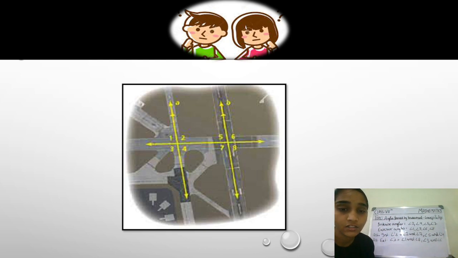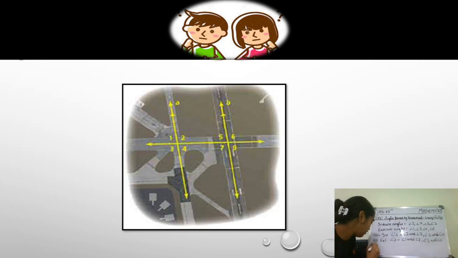And students, if I ask you the pair of interior angles on the same side of transversal, then what will you say? Very good, students. You must be saying that it will be angle 2 and 5 and angle 4 and 7.